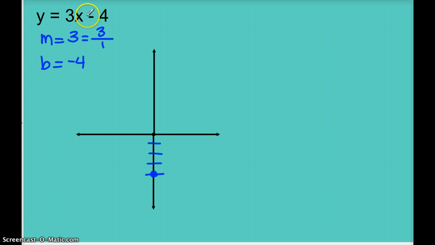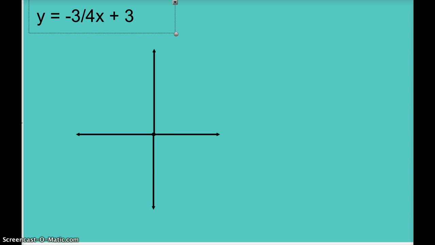So that's going to tell me I am going to rise 3 and then I'm going to run 1 to get to my next point. So from here, I'm going to rise 3, 1, 2, 3, and then I'm going to run 1. So right there is my second point. And then last thing I need to do is connect these points with a line, and then there you have it. There's your graph.